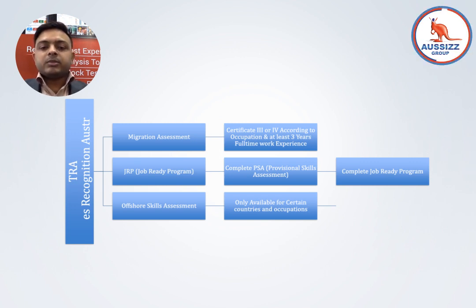Now the requirement is quite similar, as I mentioned. The applicant has to have certificate 3 or 4 and 3 years full-time work experience, and a minimum of 12 months of that work experience has to be within the last 3 years. So basically the applicant has to have the qualification and 3 years work experience, full-time or equivalent part-time.